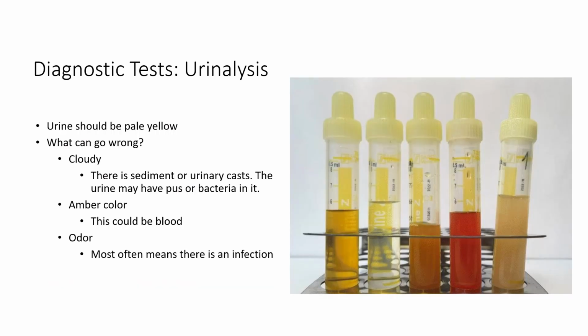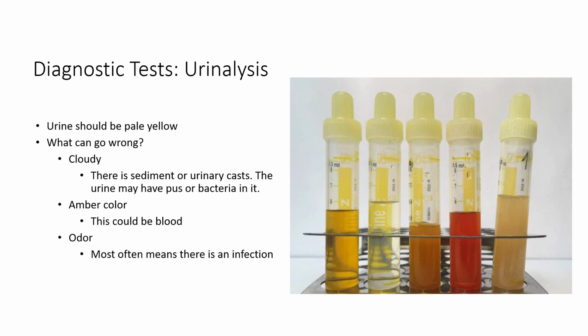So how can we know what's going on with the kidneys? Well, one test we can do is a urinalysis. There are different ways to test urine for different things. And so let's talk about those. Normally, the urine is clear. It's got a yellow tinge that comes from the bile that's excreted. But when you look at the picture below that, you can obviously see this is not clear. You cannot see through it.